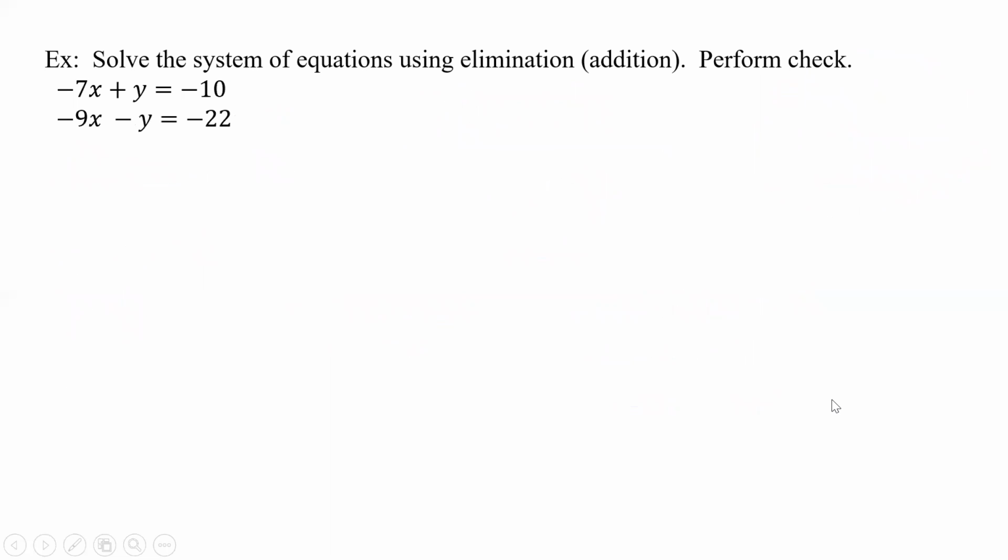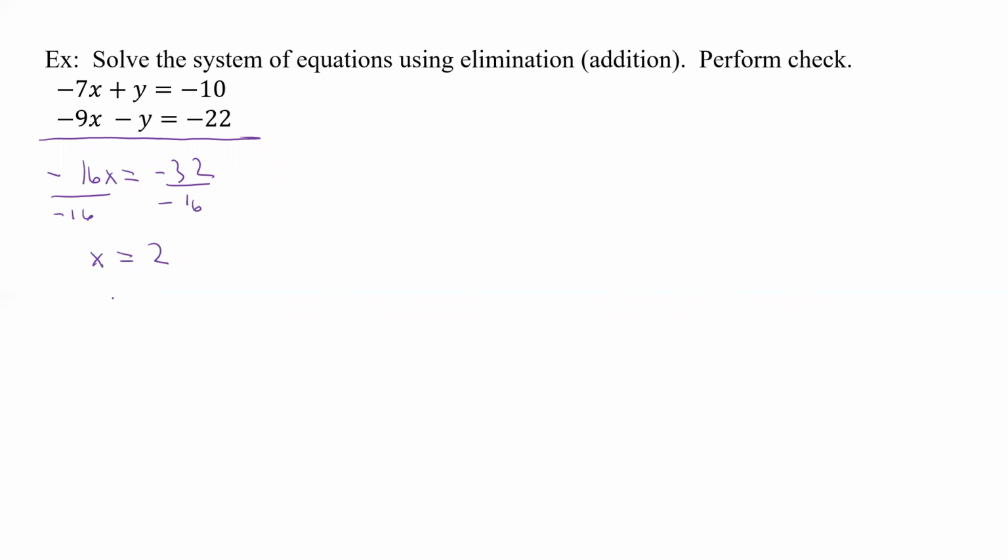All right, well, this one looks like it's already set up nicely because we have y minus y. So we have minus 14, 15, 16x equals minus 32. Divide by negative 16. Looks like x equals a positive 2.